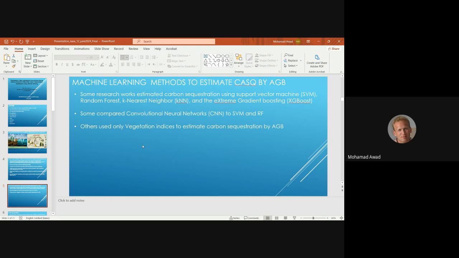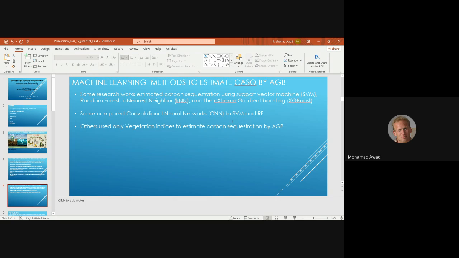That ranged from using conventional machine learning algorithms such as support vector machine, random forest, k-nearest neighbor, and the extreme gradient boosting algorithm. From the literature, we noticed that some used convolutional neural networks to estimate carbon sequestration.